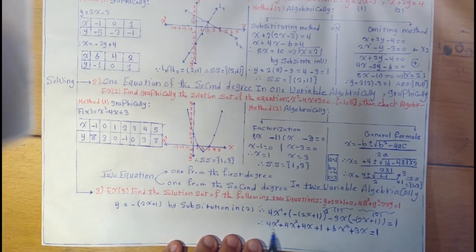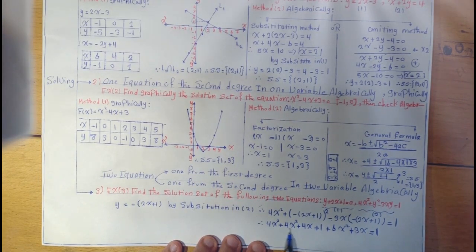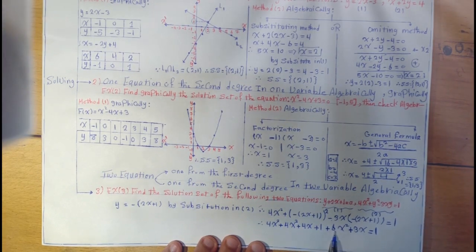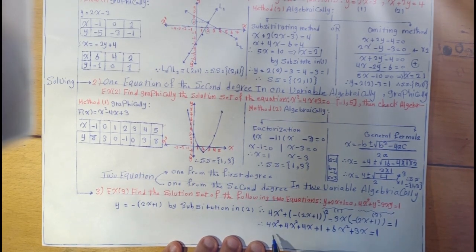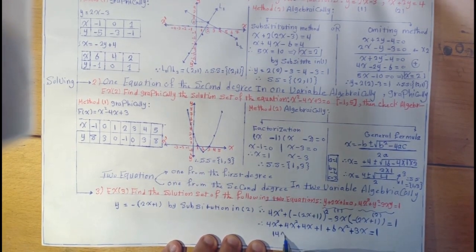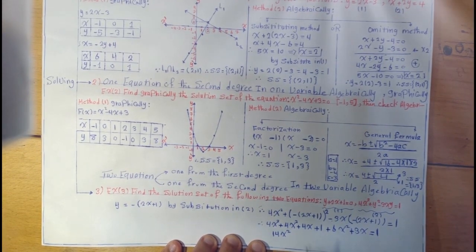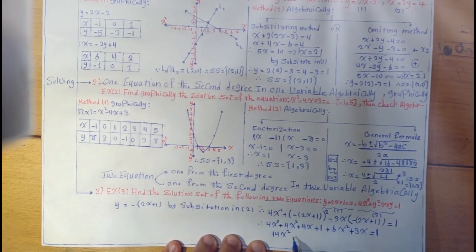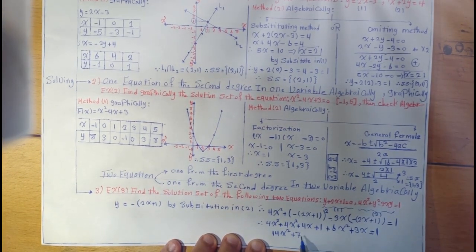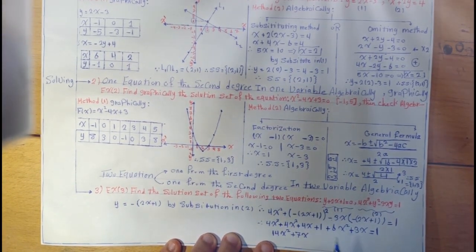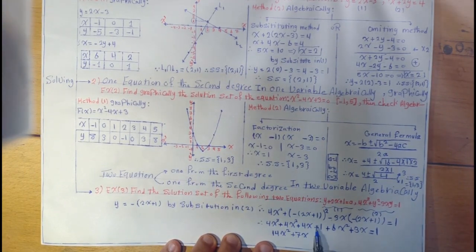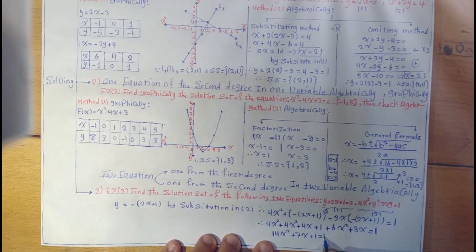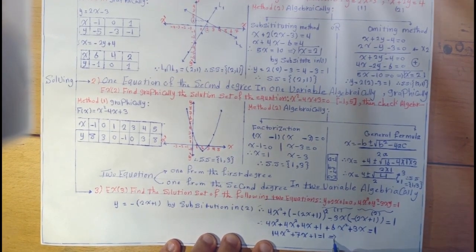Okay, 4x squared plus 4x squared equals 8x squared. 8x squared plus 6x squared equals, yes, 14x squared. And 4x plus 3x equals 7x. 1 equals 1.